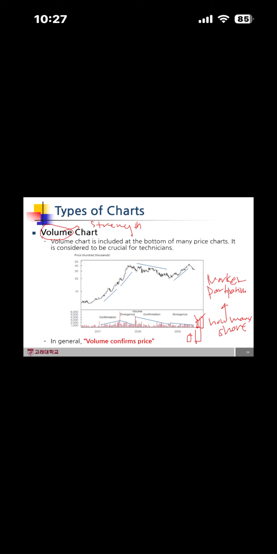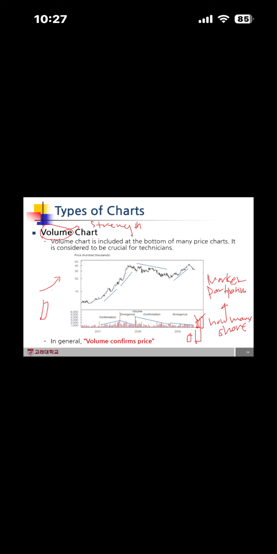So for instance, suppose a price suddenly increases. If that price increase is accompanied by high trading volume, it suggests that many investors are buying the stock, which may indicate a strong bullish signal.